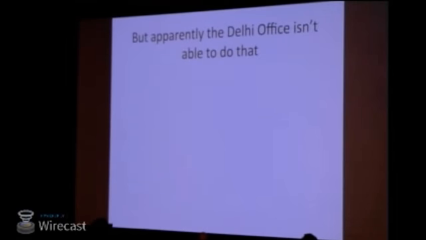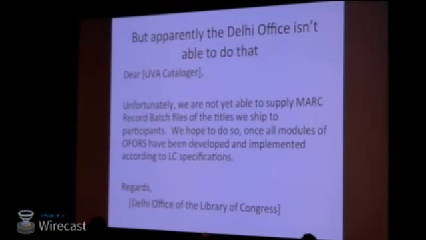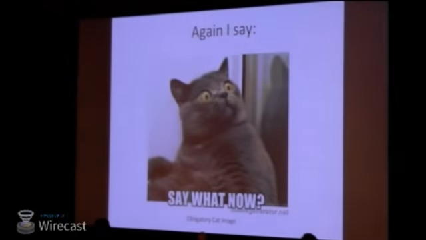We asked them to, and we got some response: we can't do this. I don't understand why. You have the MARC records, just give them to us. But apparently it's not going to work.